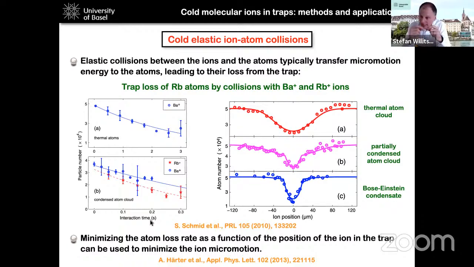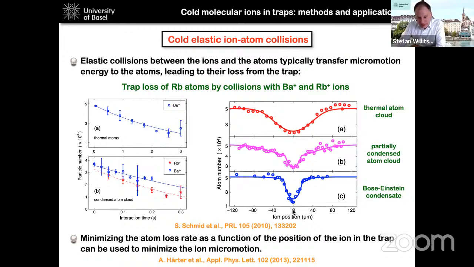And so the ion is more energetic than the atoms. And by elastic collisions between the two, the ion can impart kinetic energy to the atom with which it collides. And these atom traps are usually not too deep. So if the atoms are too energetic, they fall out of the trap. And this is what we are seeing here.